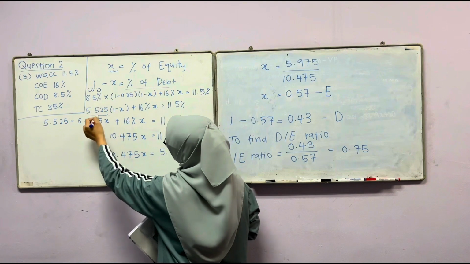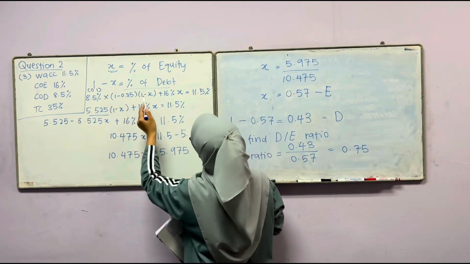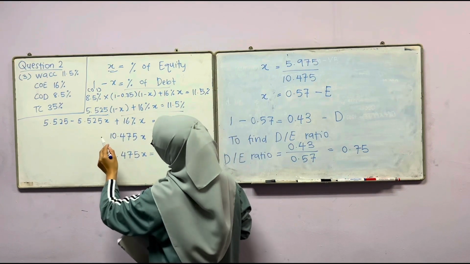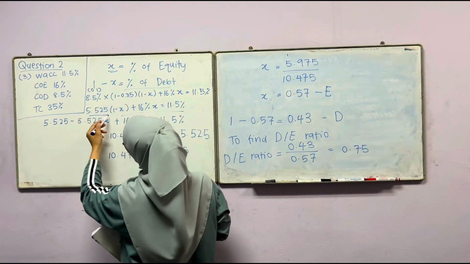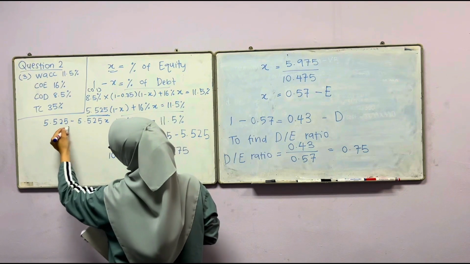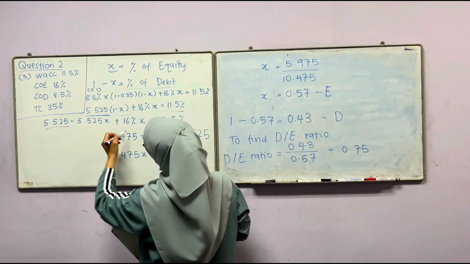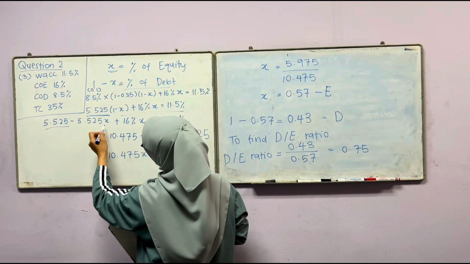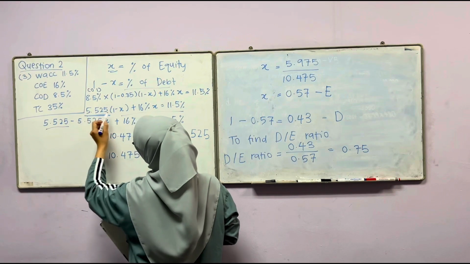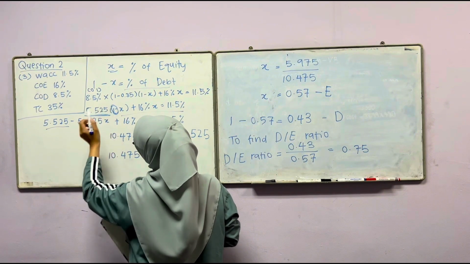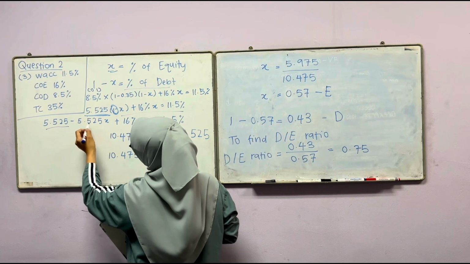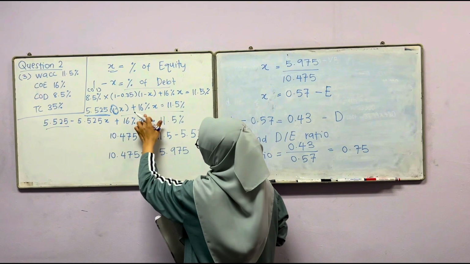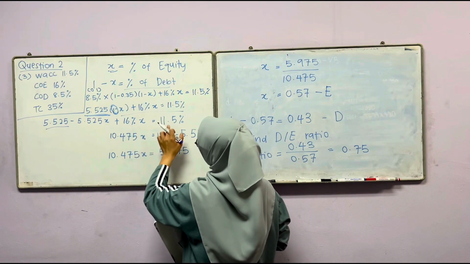So we write 5.525 times 1 minus X, plus 16% X, equal to 11.5%.